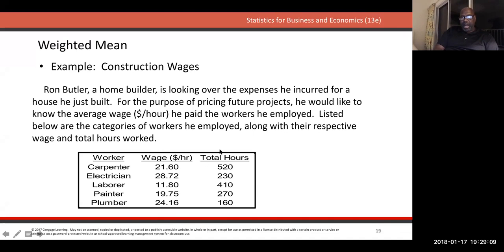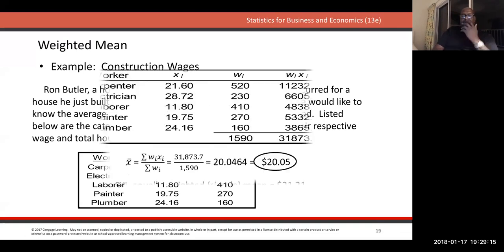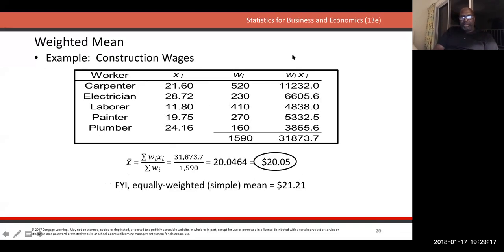That's the wages per hour, and the total number of hours. We could calculate the average wage per hour. We would have our Wi times Xi, which would be this value right here, divided by the sum of the weights, which is the total number of hours. And we get an average rate of $20.05.